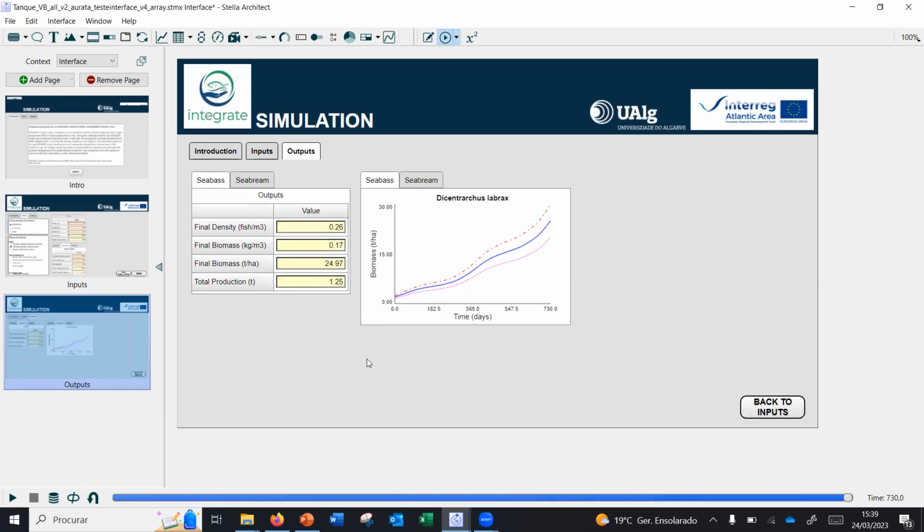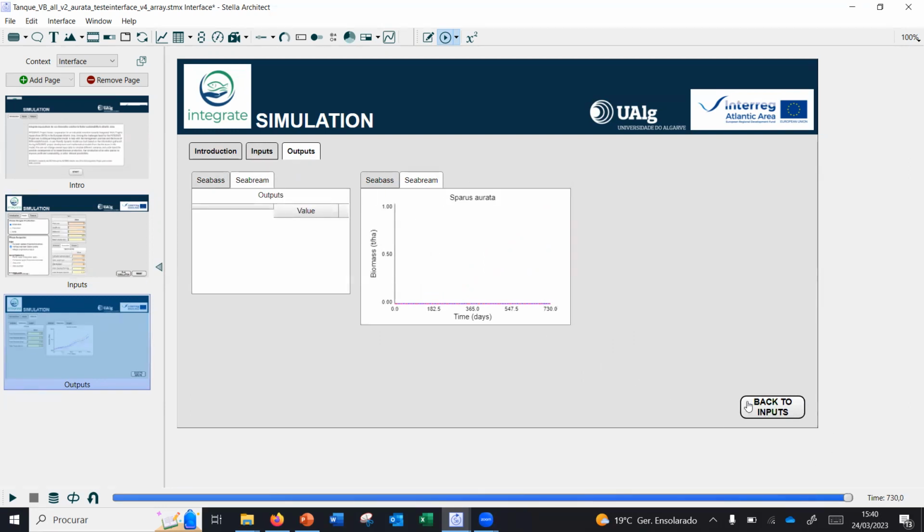And it is an output example with a graph of biomass, total biomass in tons per hectare. And here the final density, final biomass, and total production. And you can see also the sea bream. No, it doesn't show.